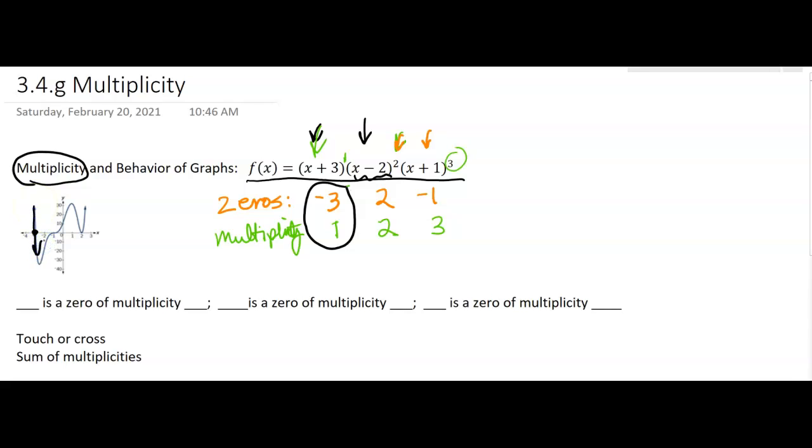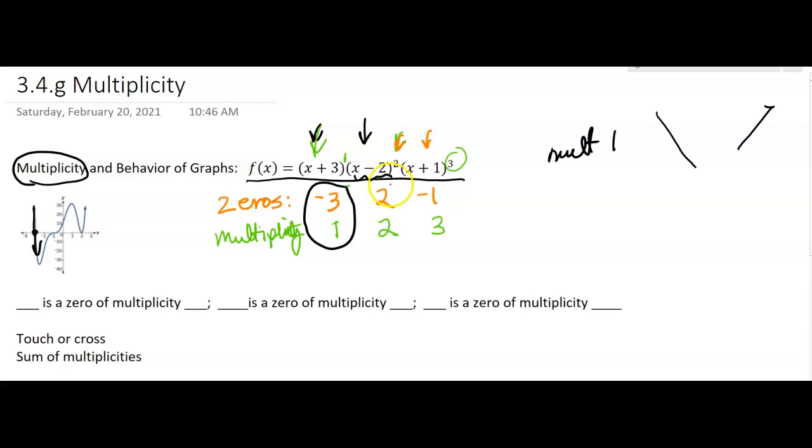It's just going straight through. It could go at an angle, okay? But it's almost linear in that portion. So when the multiplicity is 1, it's going to go straight through. Could go that way, could go this way, okay? But it's going to do something like that.